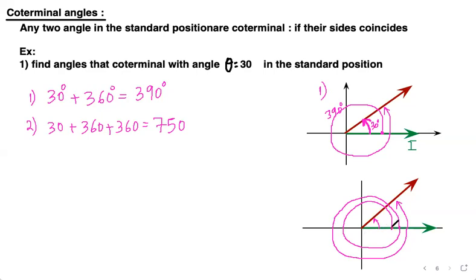So from this point to this point is 360, to this point is 360 plus 360, and to this point is 750. Any question? So the angle here outside is 750 and the small one is 30.